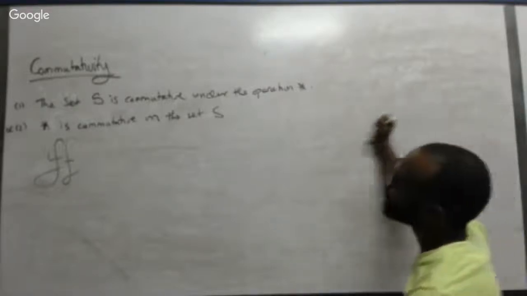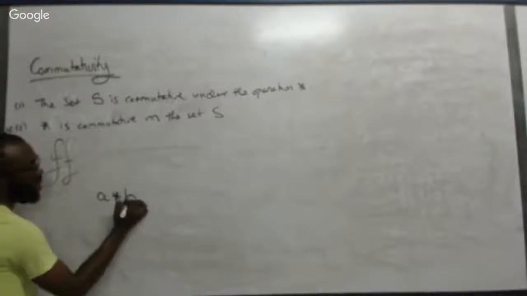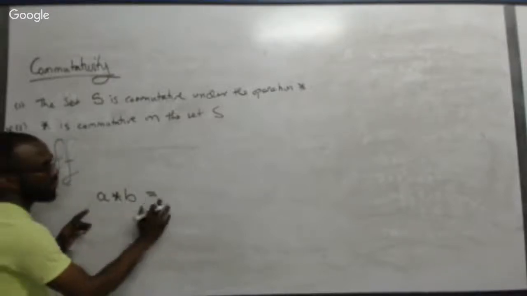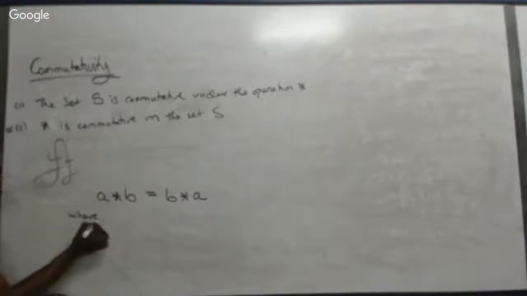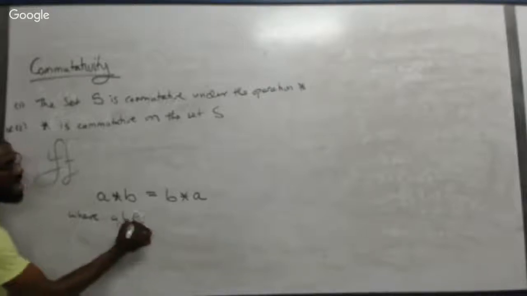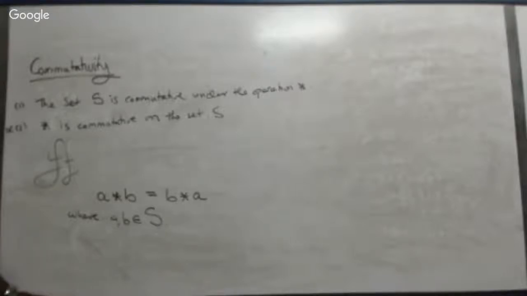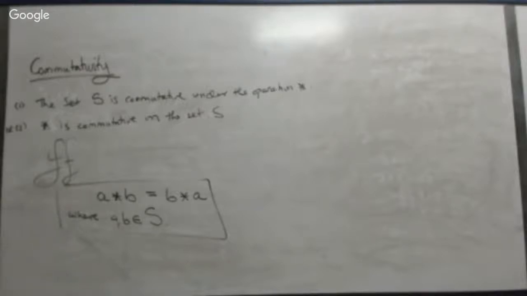So all we're doing now is to say: if and only if A asterisk B is equal to B asterisk A, of course where A and B are elements of the set S. Fair enough? Is that easy? I think so. That's why you need to study 15 times, because that's what we're going to need to prove, right?